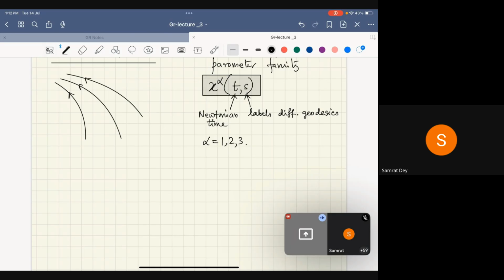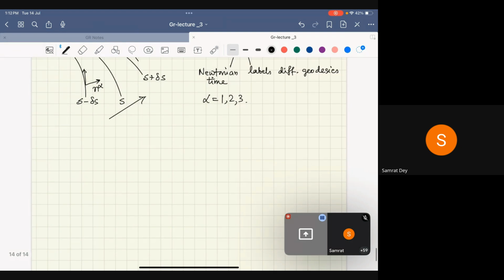So I can define the separation vector n^alpha. I can also define the tangent to this, and this is my s, this is my s plus delta s, this is my s minus delta s. As I move in this direction, s changes, and as I move in this direction, t changes. These are the two parameters.